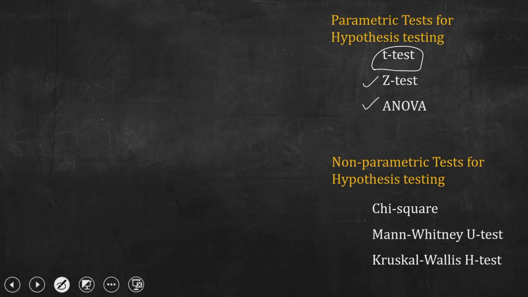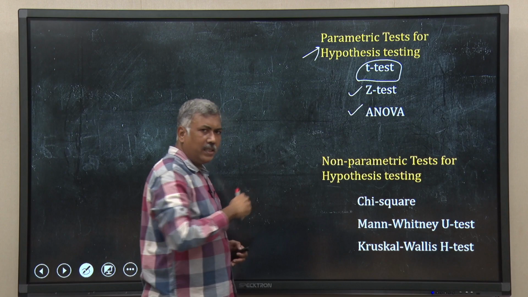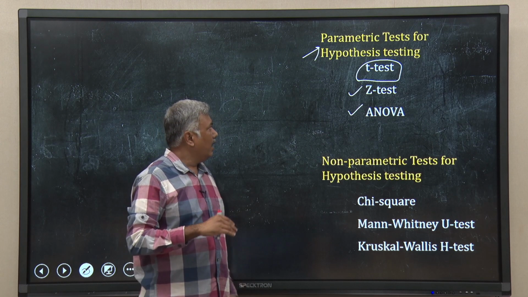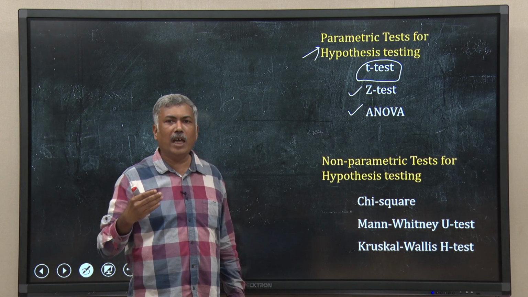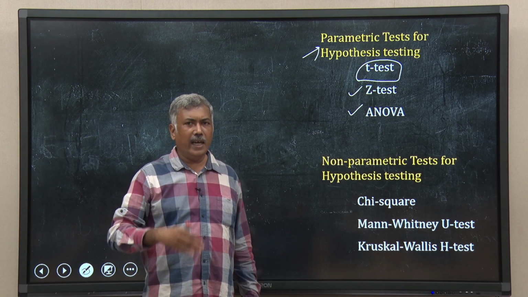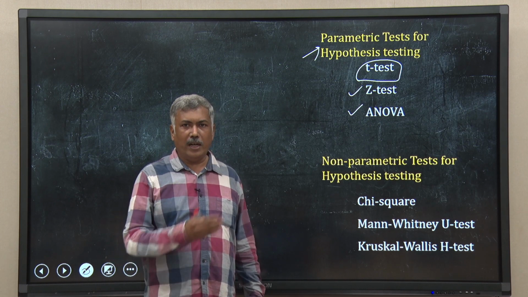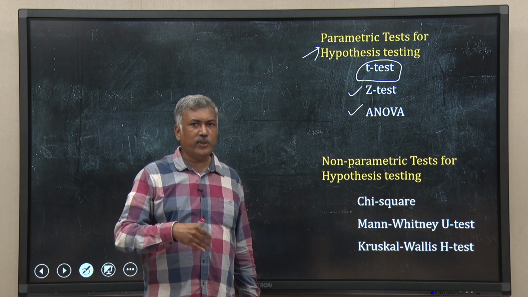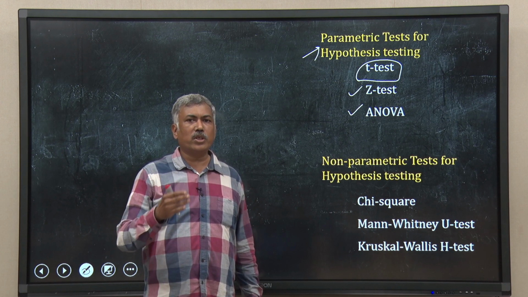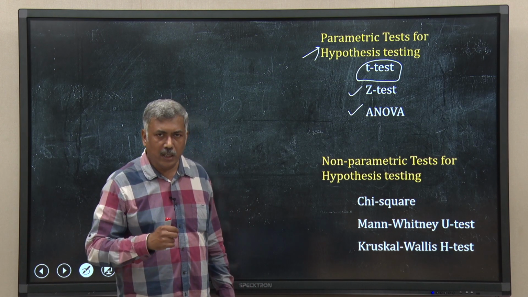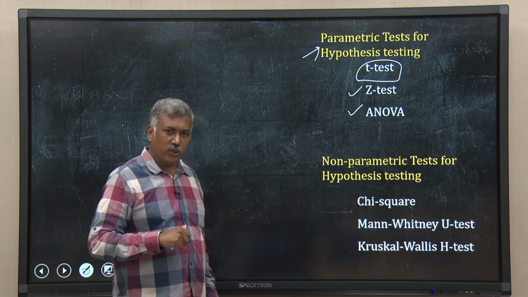These are called parametric tests because in all these three cases I have given as examples here, you have to make some assumption about the population distribution, and that assumption is that the population distribution is normal. That is what I mentioned earlier also. For the t-test, initially I assumed that the population distribution of blood glucose in both the treated and untreated groups is normally distributed.